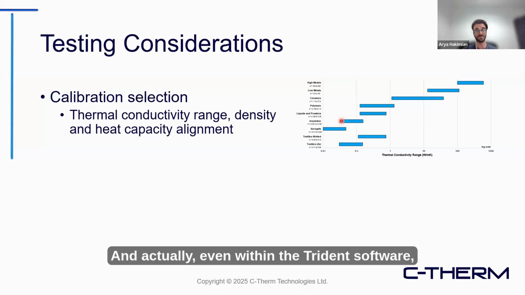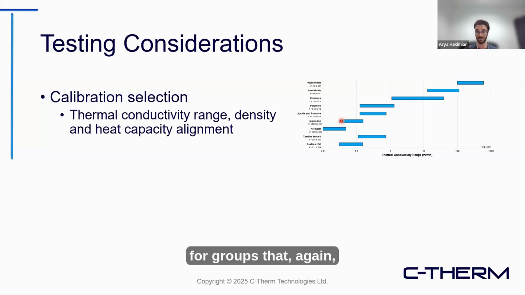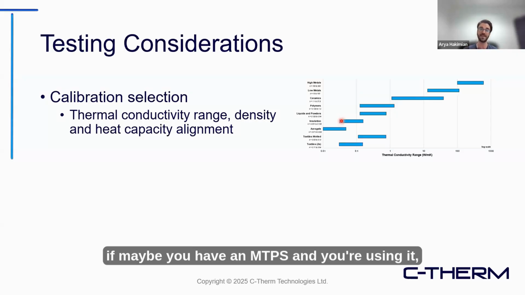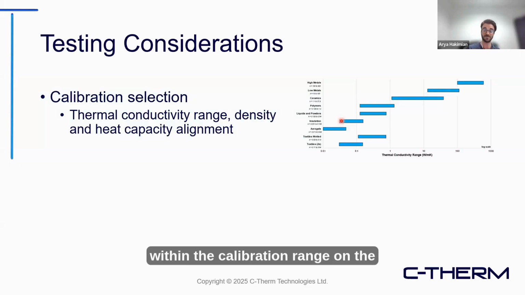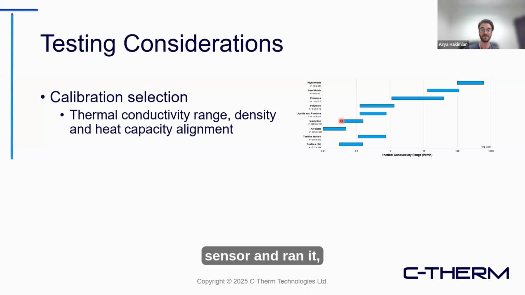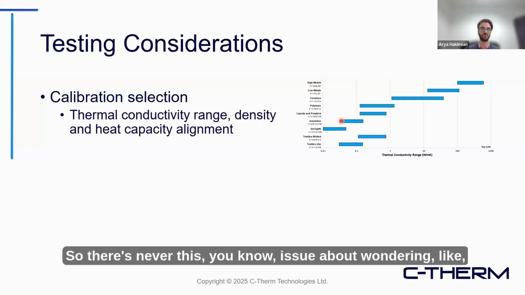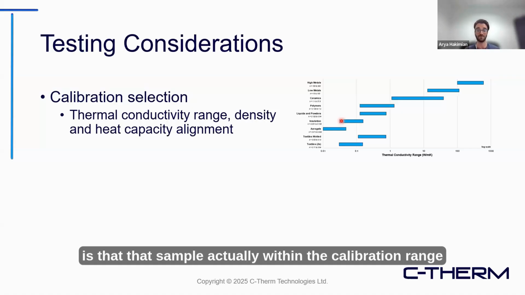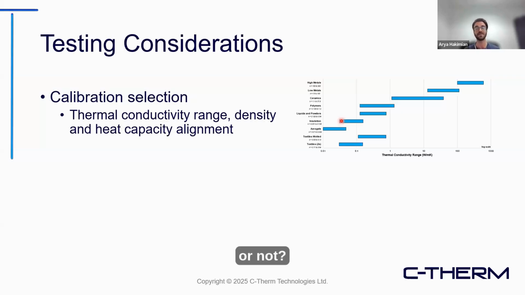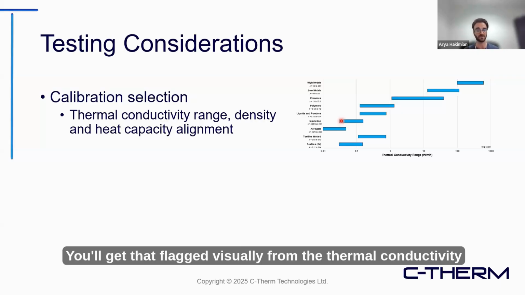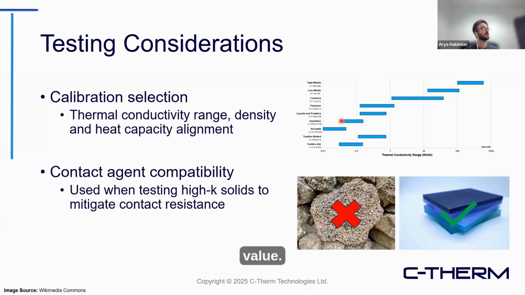And even within the Trident software, if you've ever put a material that is simply not within the calibration range on the sensor and ran it, the software flags that for you. So there's never any wondering whether the sample is actually within the calibration range or not. You'll get that flagged visually from the thermal conductivity value.